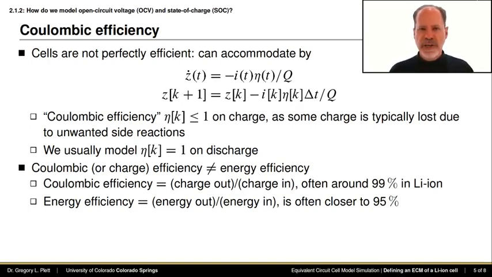And the energy efficiency is not perfect in a lithium-ion battery cell because some energy is lost through the resistance of the cell and dissipated as heat. And so this is a completely different mechanism for energy loss than it is for charge loss, if you will. So that's why energy efficiency and Coulombic efficiency are really fundamentally different things.